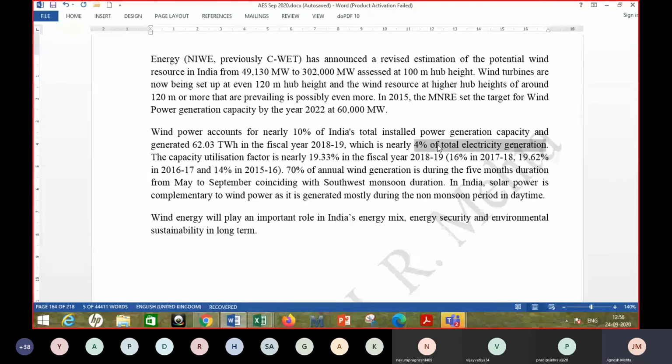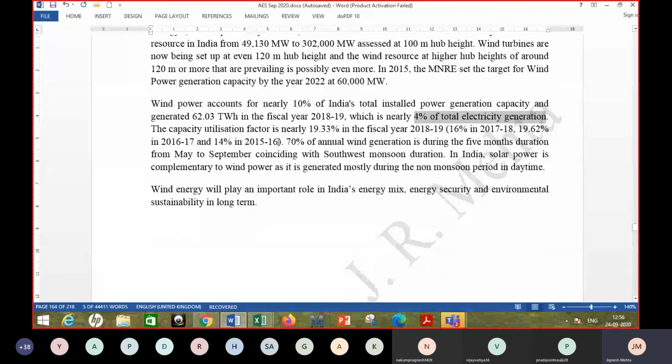The thermal power plants can run, only a few days will they be shut down, otherwise they will run 24/7. But that's not the case for solar and wind. So 10% of the capacity, but 4% of the electricity generation from wind. And you can see the capacity utilization factor is around 19.33, or around 20%, in 2018-19. Earlier it was lower, and now it is a bit higher.